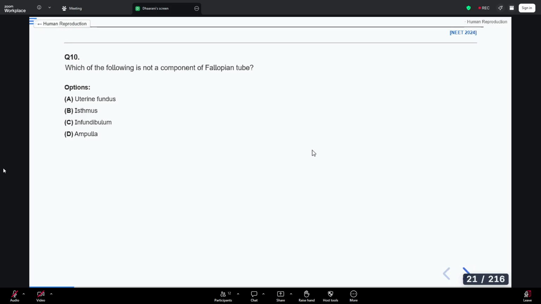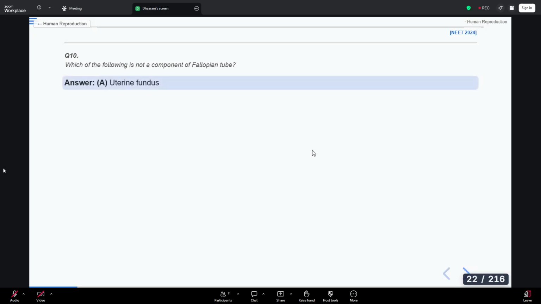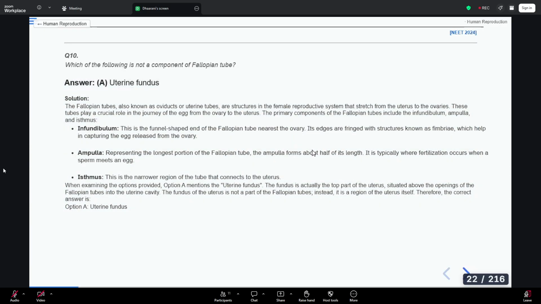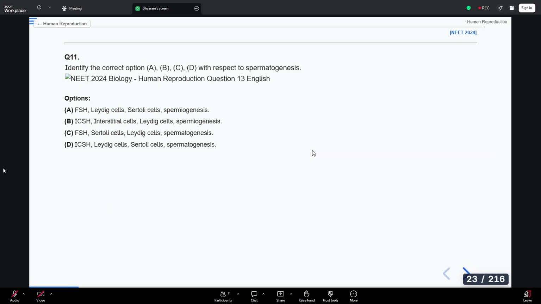Any answer? Okay, isthmus, ampulla, infundibulum, fimbriae. So fimbriae will be there, then infundibulum, ampulla, then isthmus. Very good. So now you will know the answer. A is the correct answer. Uterine fundus is not a part of fallopian tube. It is part of the uterus, right? So it is not a part of fallopian tube.